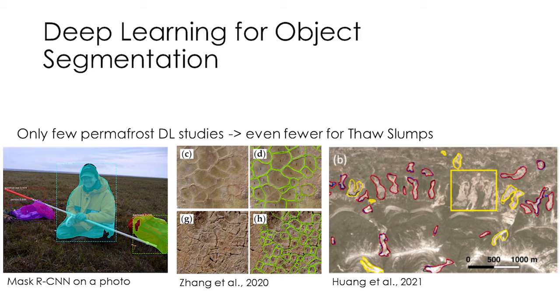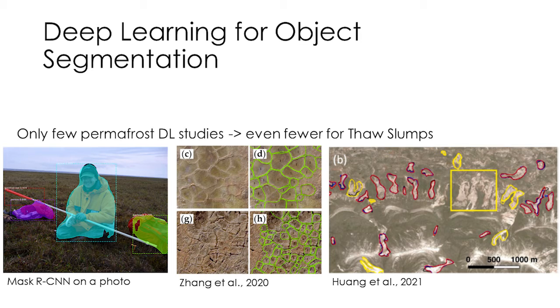So far, deep learning in permafrost is not really commonly used. There are only a few studies testing and applying deep learning in permafrost studies. Typically, in other domains, it's possible to find a lot of deep learning applications, like for typical everyday imagery, like we see here with a Mask R-CNN inference on a field photo of myself.